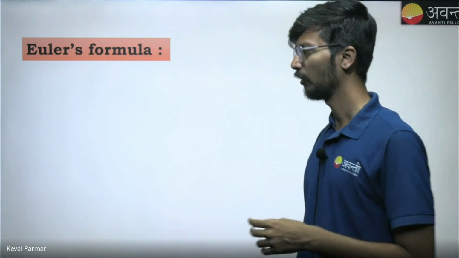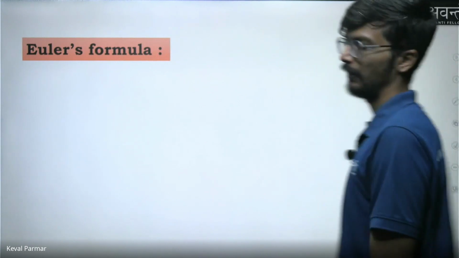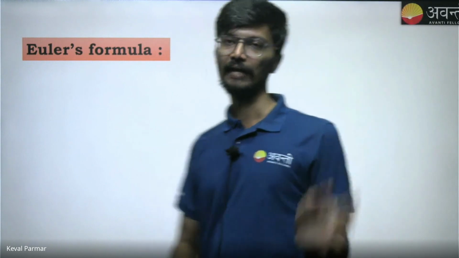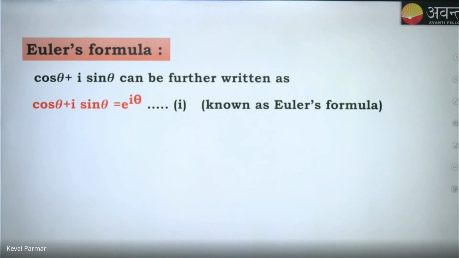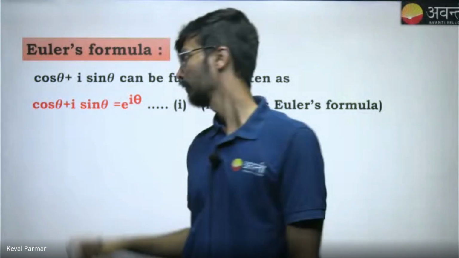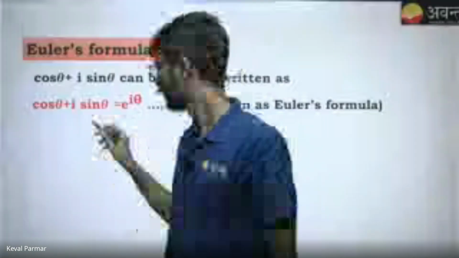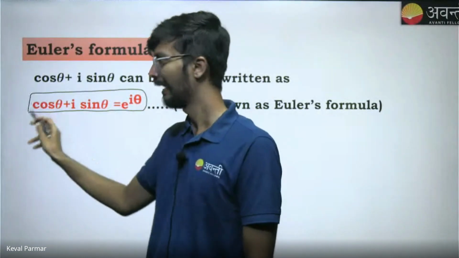So basically, what Euler did, he converted cos theta plus i sine theta by using the expansion of e, and he wrote it as e raised to the power i theta, right? Correct. So somewhat from there it came. You can see cos theta plus i sine theta can be written as e raised to i theta.